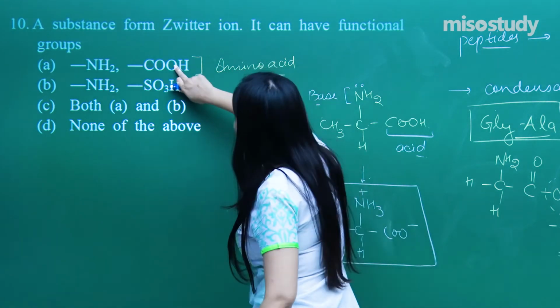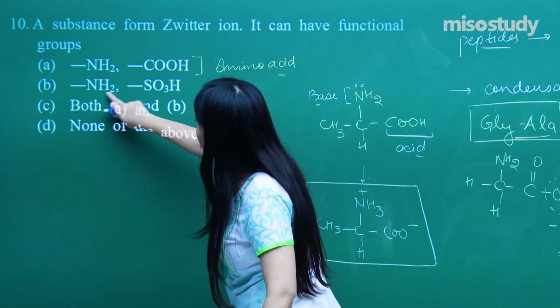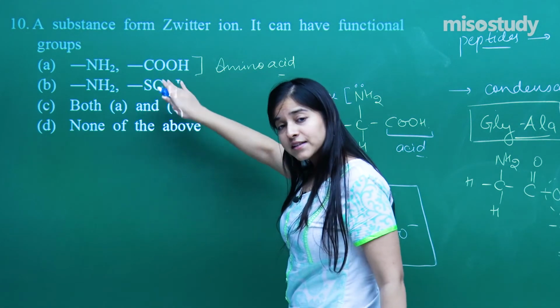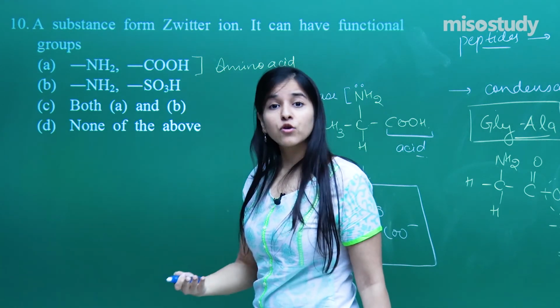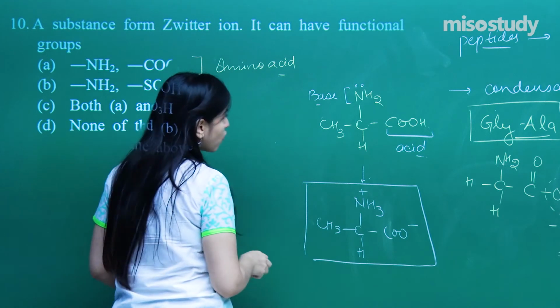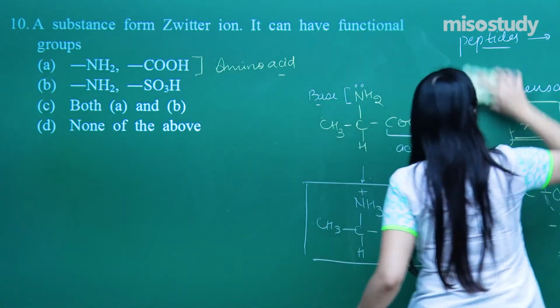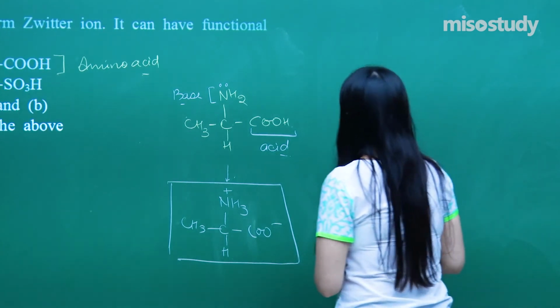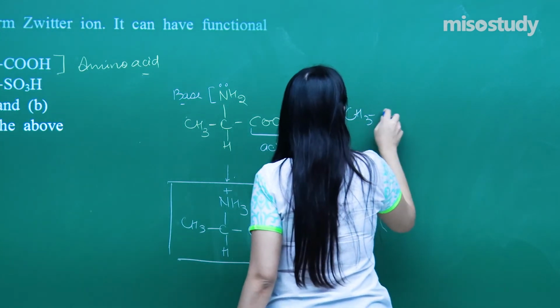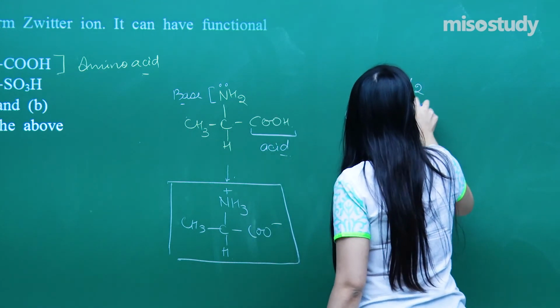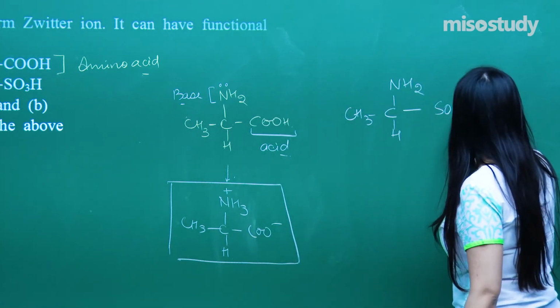So we have got this option right, but if you see the B option, I have got sulfonic acid. So can the presence of sulfonic acid also form a Zwitter ion? So let us just see. Yes, definitely it can also be a Zwitter ion formation in the case of sulfonic acid. So here if again I take up a similar kind of molecule, NH2 and SO3H.